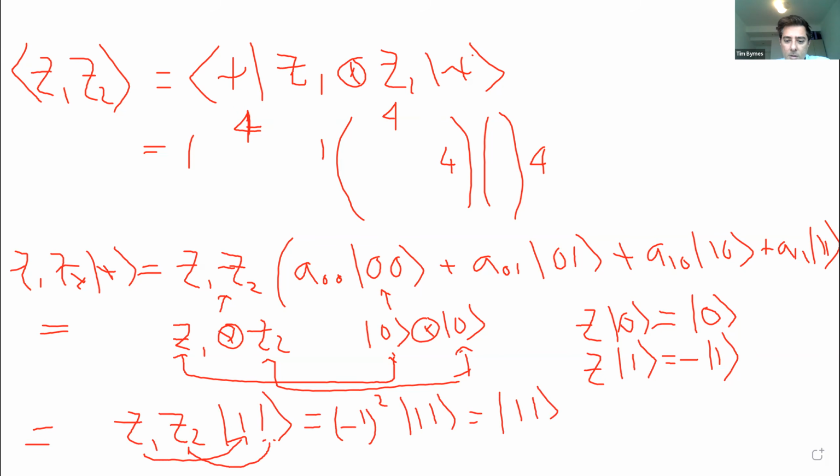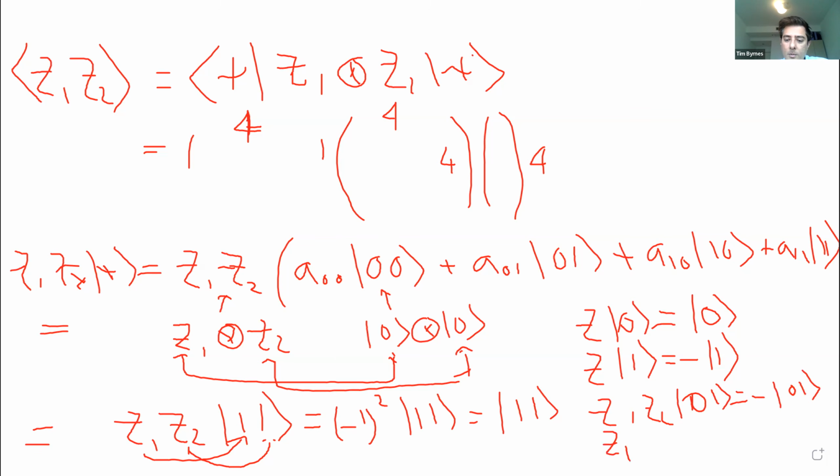However, for the states 01 and 10: in 01, 0 does not pull out a minus sign, but 1 does, so this one will have a minus sign on it.